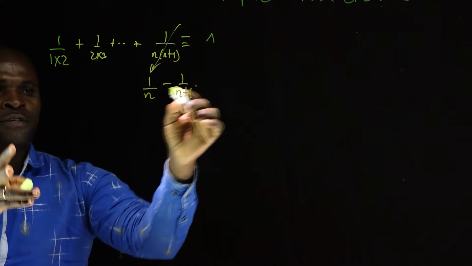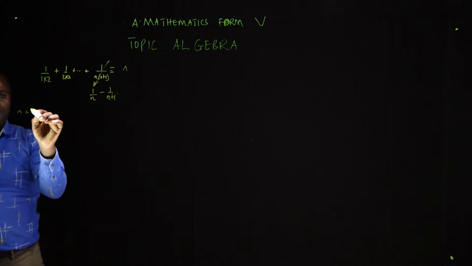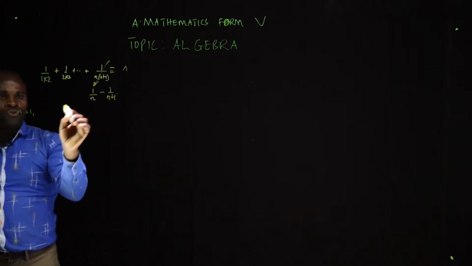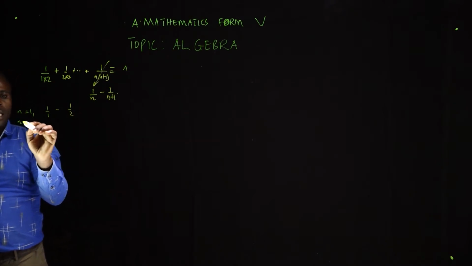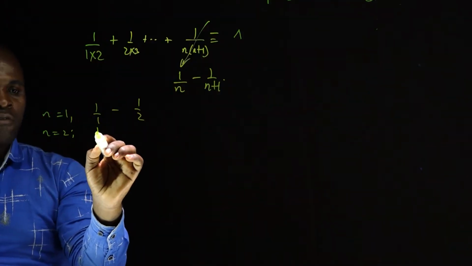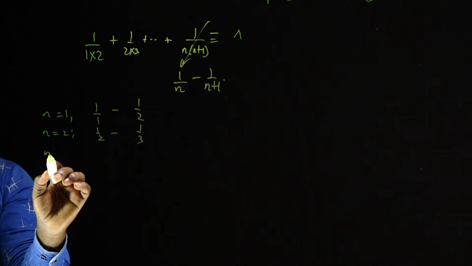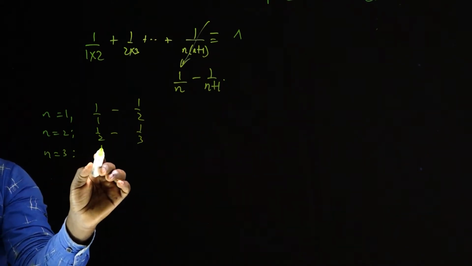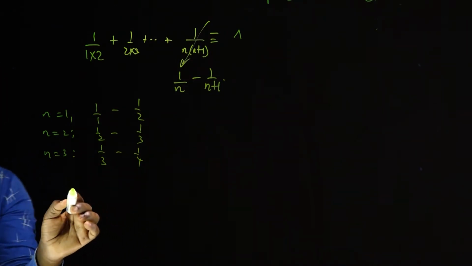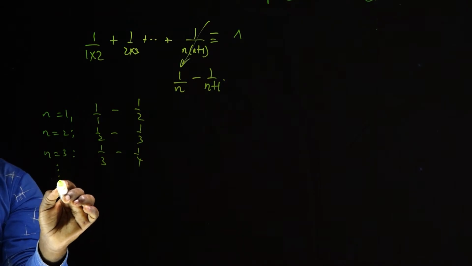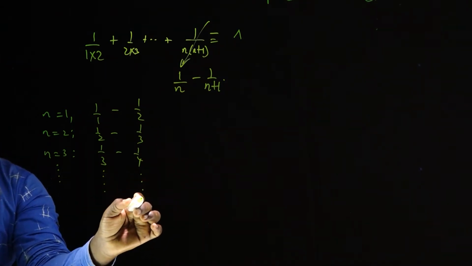So to evaluate this, we will simply say, when n is 1, we'll have 1 over 1 minus 1 over 2. When n is 2, we have 1 over 2 minus 1 over 3. When n is 3, we have 1 over 3 minus 1 over 4. So keep on plugging values of n. Terms keep on appearing.